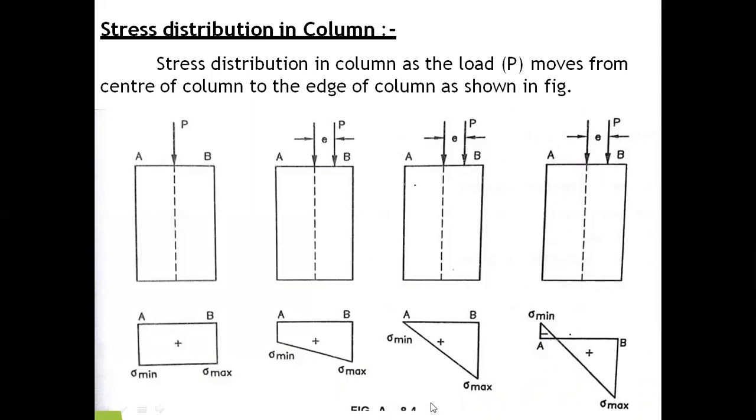This happens when the load is moved all the way from the center of gravity of the section. Is this recommendable? Is the fourth one recommendable? No. Your column should never have a reversal of stresses. When reversal of stresses happens, it is definitely the biggest failure.